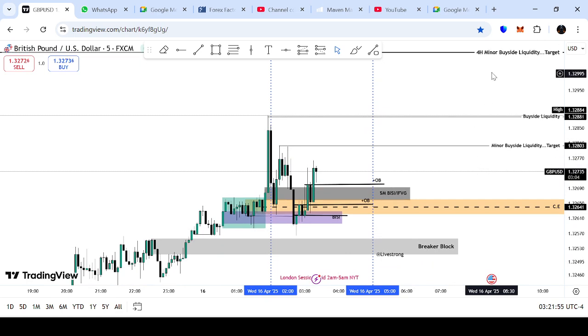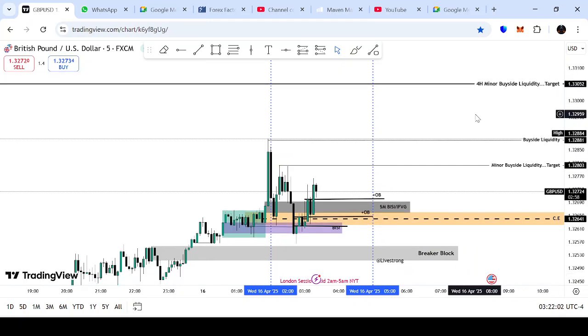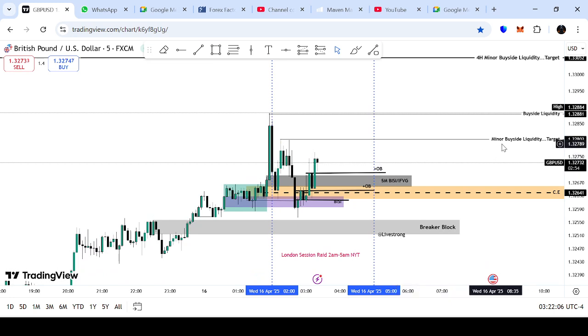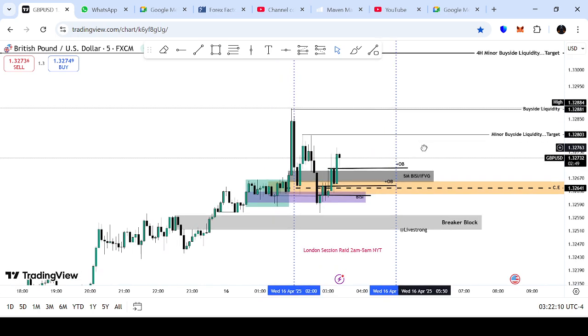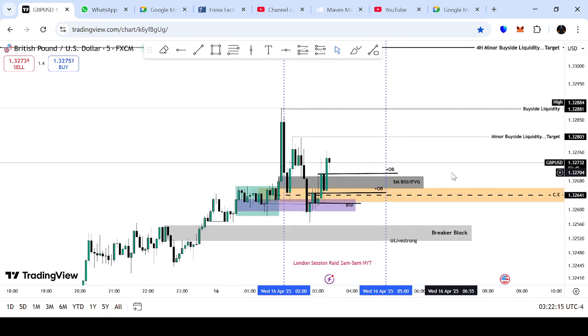So by the end of the day, this is our target, the 4-hour minor buy side liquidity for today. But we target on this minor buy side liquidities here for the London session delivery.